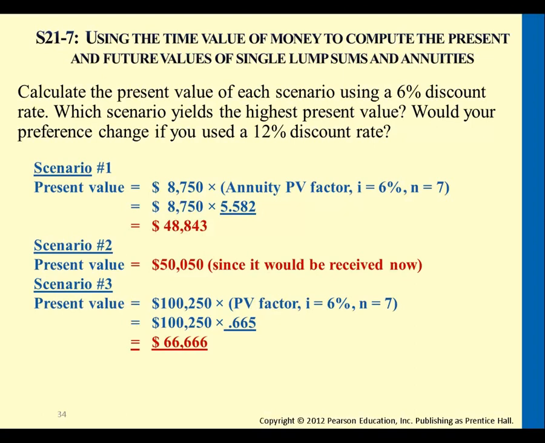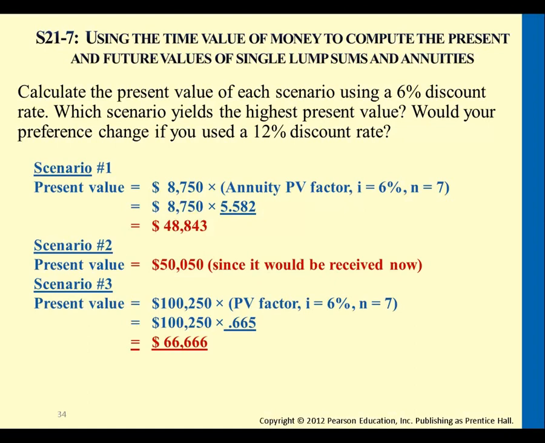Your present value for the second one is given to you because he's giving that money right now. He says, I'll give you $50,050 right now. So that's the present value. Now for the third scenario, we know he said in 7 years you'll get $100,250.